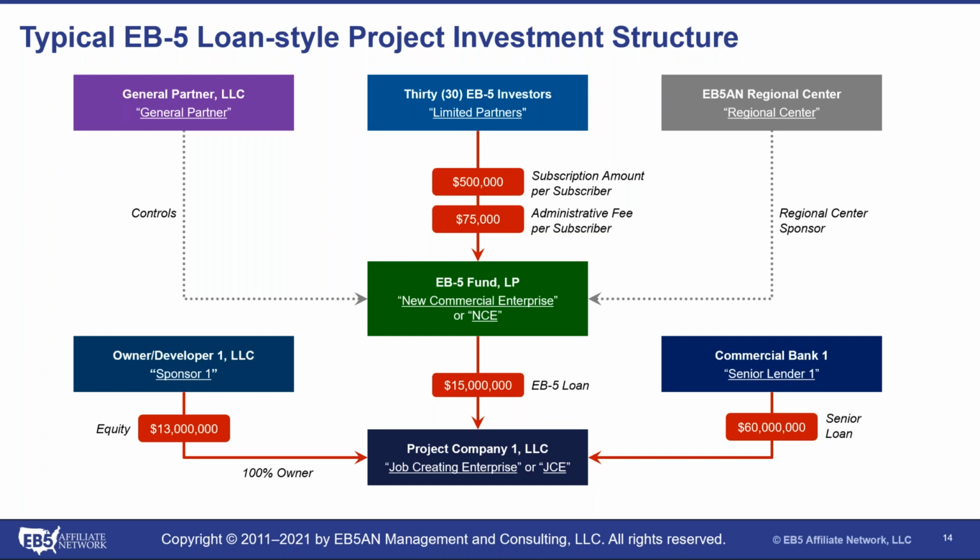So all of those different parties, understanding who they are is important, and just as important is what are each of their roles. What's the regional center's role? Is it just a rent-a-center, which, for lack of a better term, a regional center that's just allowing the NCE, the project, to affiliate with that regional center? Or is the regional center affiliated or the direct manager of the EB-5 company?